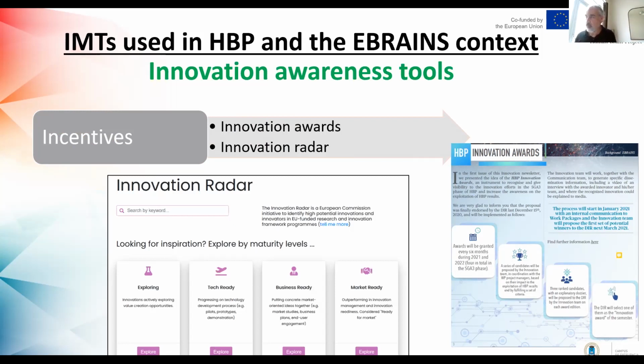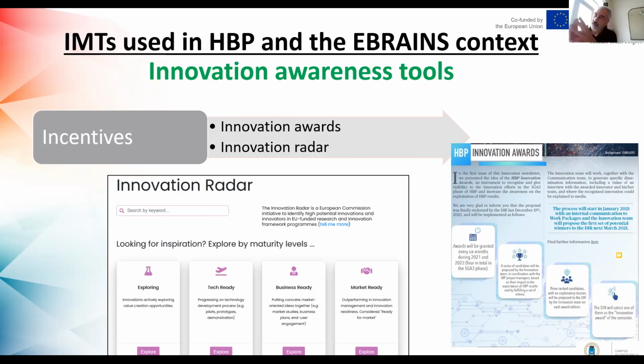So this process will be repeated every 6 months. In any case, you will be informed of the winner of this semester. But I invite you to look for interesting things that your group is doing, and try to apply for these awards as a candidate.